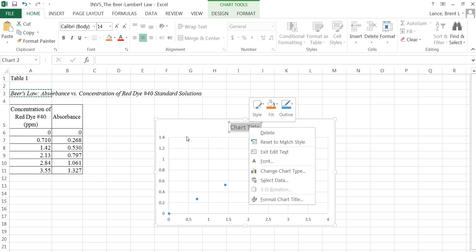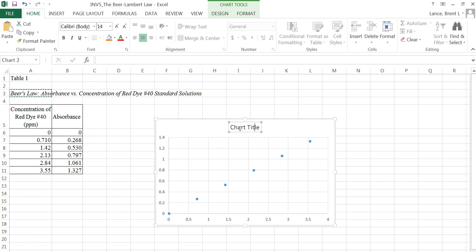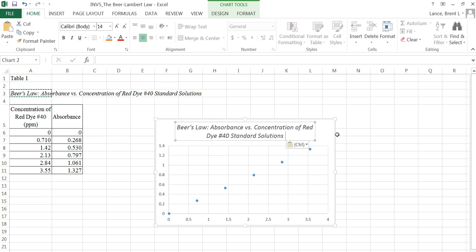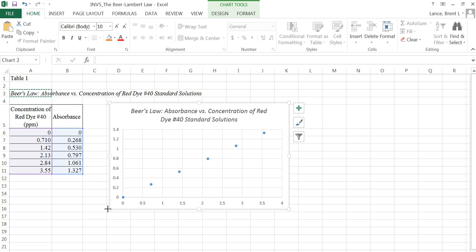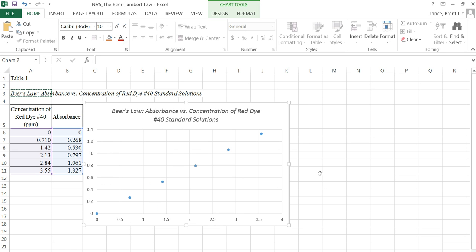Just Control V. And paste it in there. And then I can start formatting the graph. I'm going to bring this over just a little, and I might even make it a little bit larger.